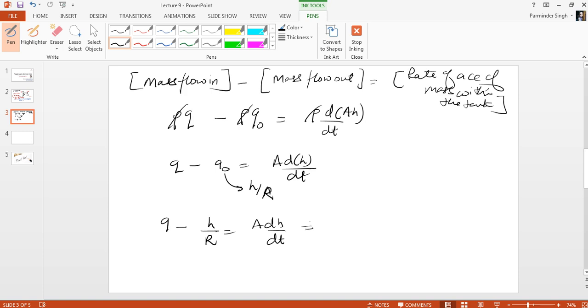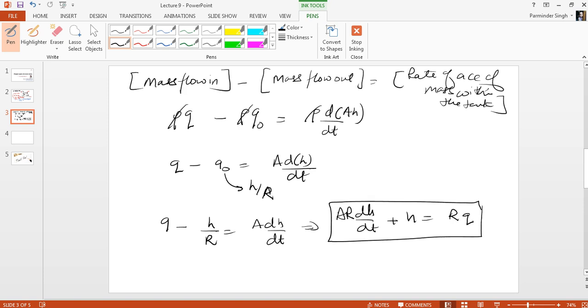Upon rearranging, we have AR dH by dt plus H equal to R times Q. Now you see, this is a perfect example of a first order system where this is your tau and this is your gain Kp.